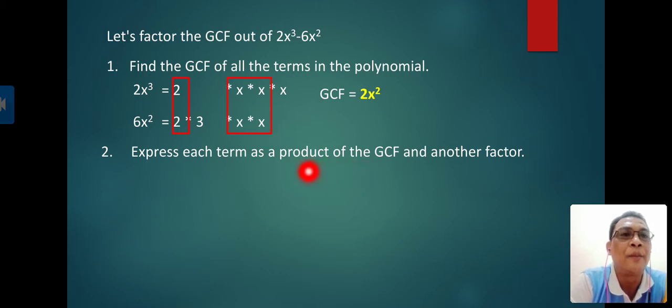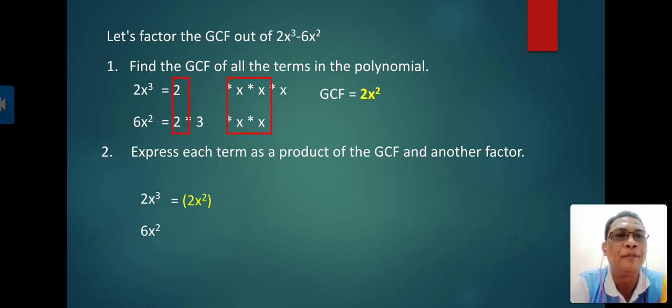Next is to express each term as a product of the GCF and another factor. So 2x cubed is equal to the GCF 2x squared multiplied by the other factor. The other factor will be the factors that have been left behind, so that will be x.